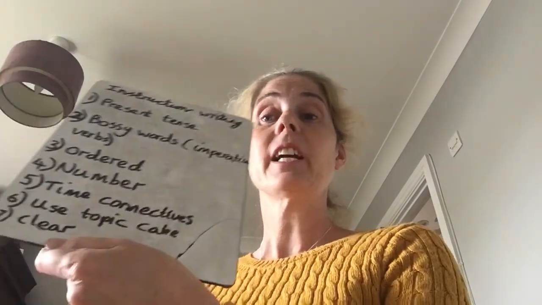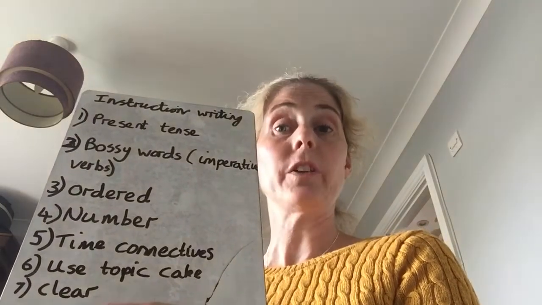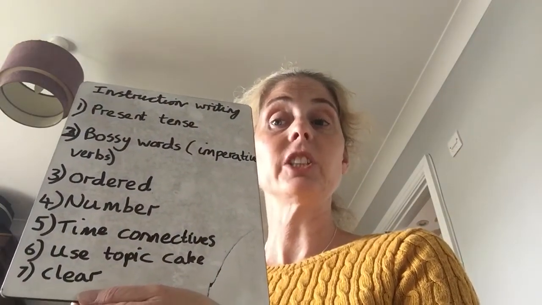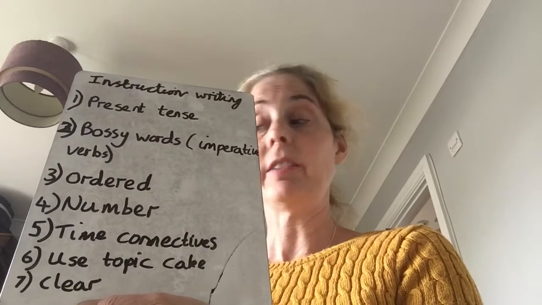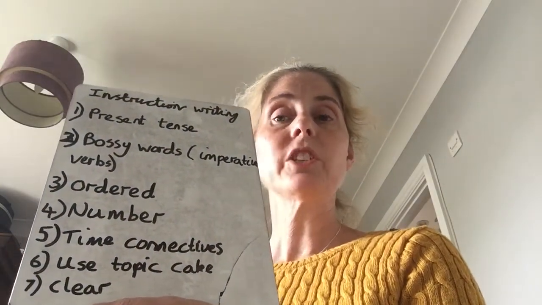Something really important is make sure your instructions are clear, very clear. If they're not clear, people can't follow them very well. Okay, so your instructions need to be clear. Very, very important. And the last thing is, when you are starting instructions, at the very beginning, you will notice that all of them have what you need.